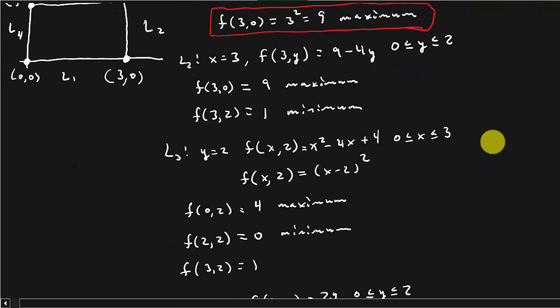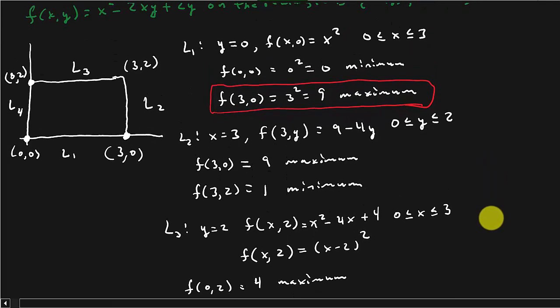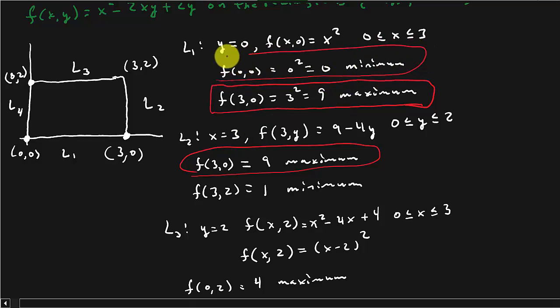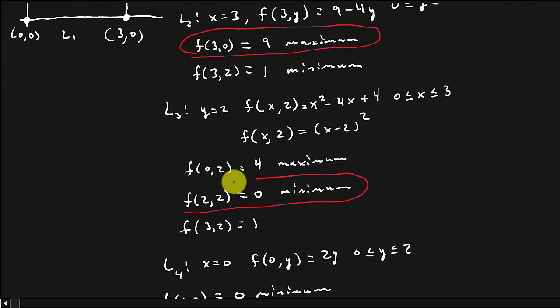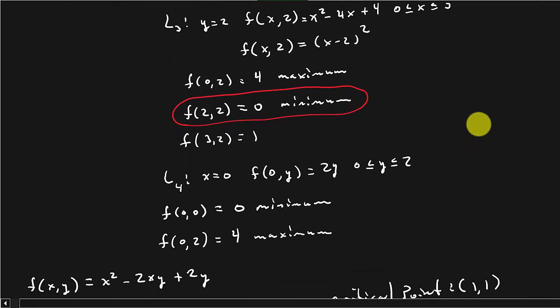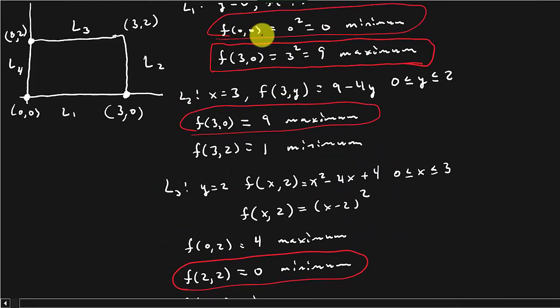And we have it here too, but that's the same point, 3, 0. And then it looks like the smallest value is 0. Do we have a 0? Yep, we have a 0 right here also, and then we have the 0 here. But at the point 0, 0, we already had that up here, which gave us 0.